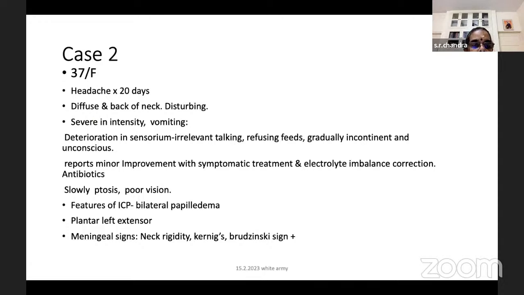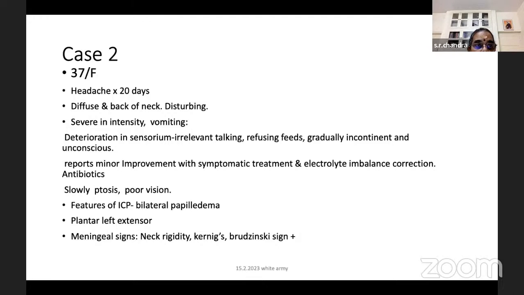So now we'll come to case 2. Case 1, I have carried you from the emergency doctor to the neurologist, their rationale, how to differentiate, and how to arrive at the final diagnosis or longitudinal follow-up. Case 2 is a 37-year-old female, headache of 20 days, diffuse in the back of the neck.